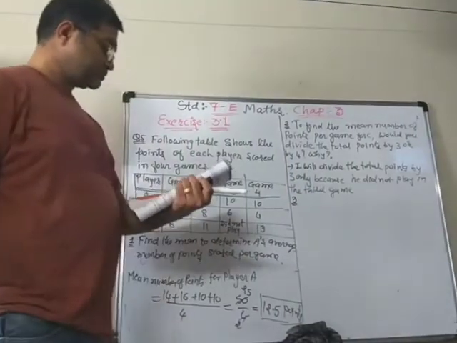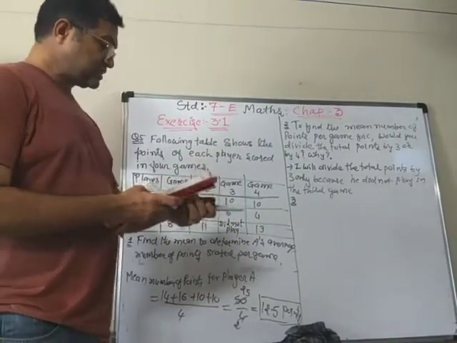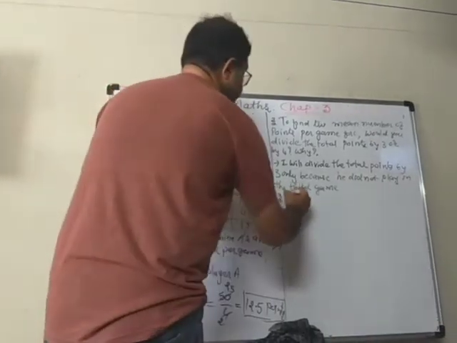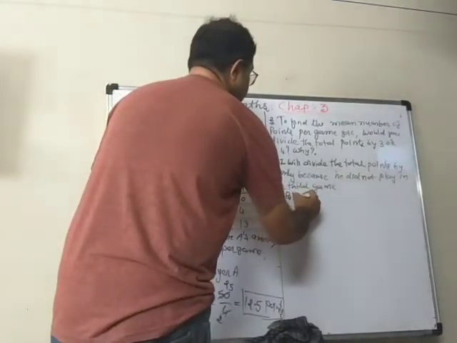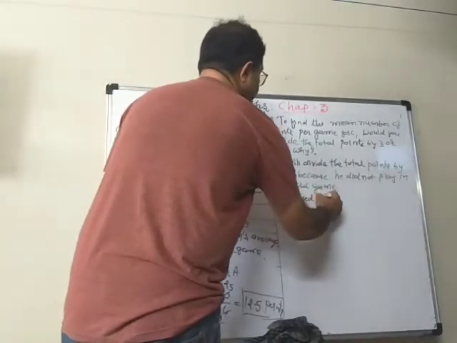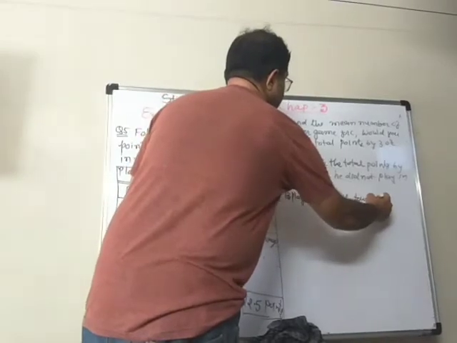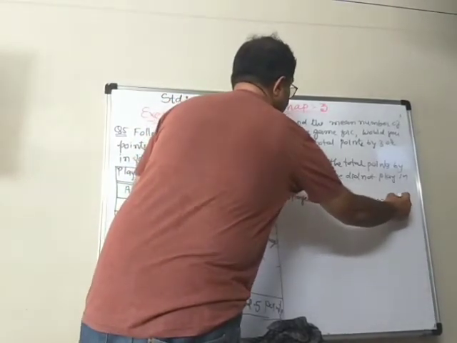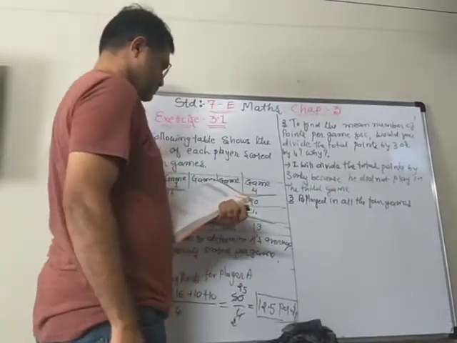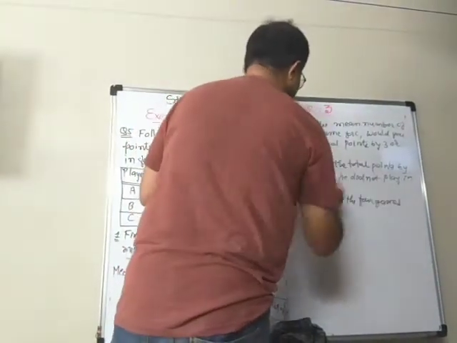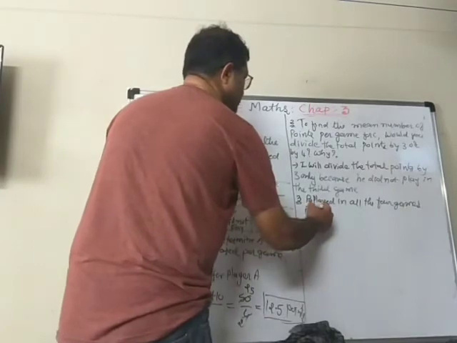Question number 3. It says, B played in all the 4 games. How would you find the mean?